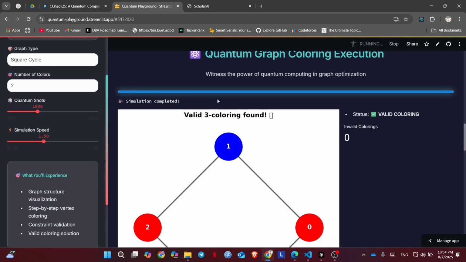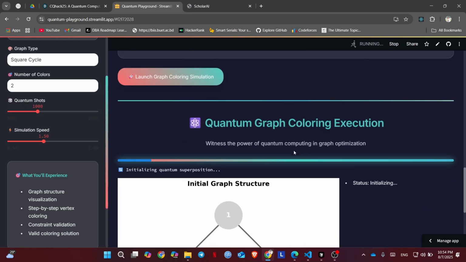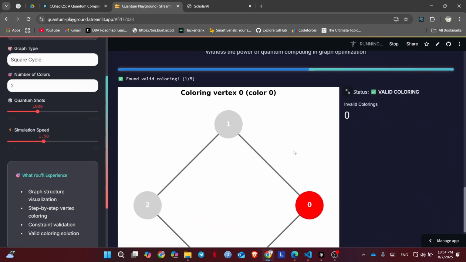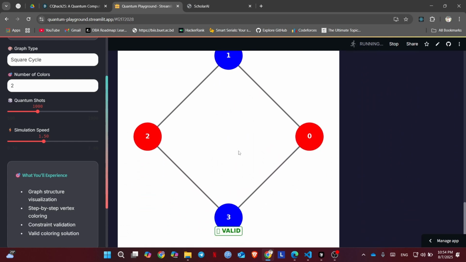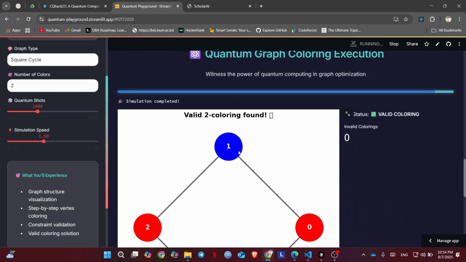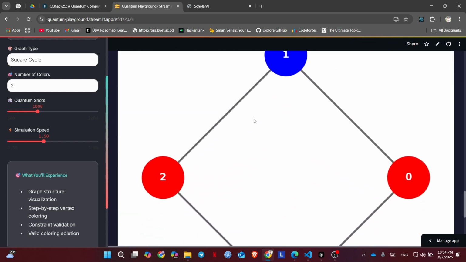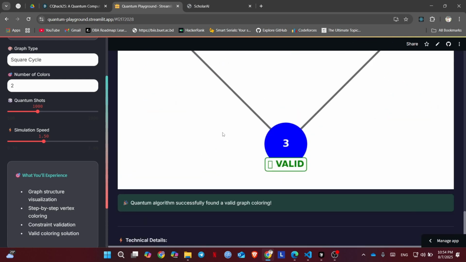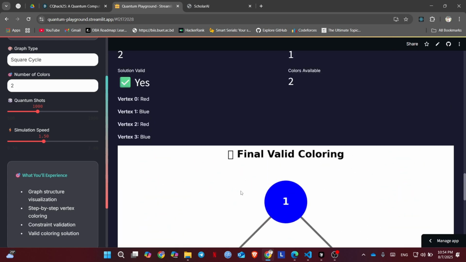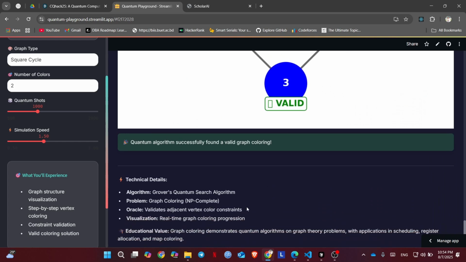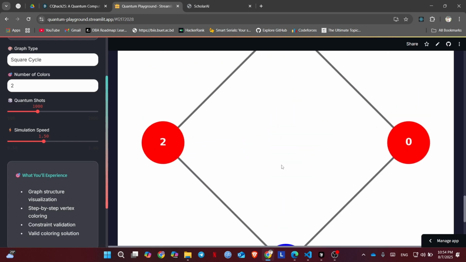So let's select 2 and see what happens. See, it still can find the valid solution, and we got our final solution right here, and every detail is noted down here. So even someone who has no knowledge regarding quantum computing can understand briefly what it is doing.